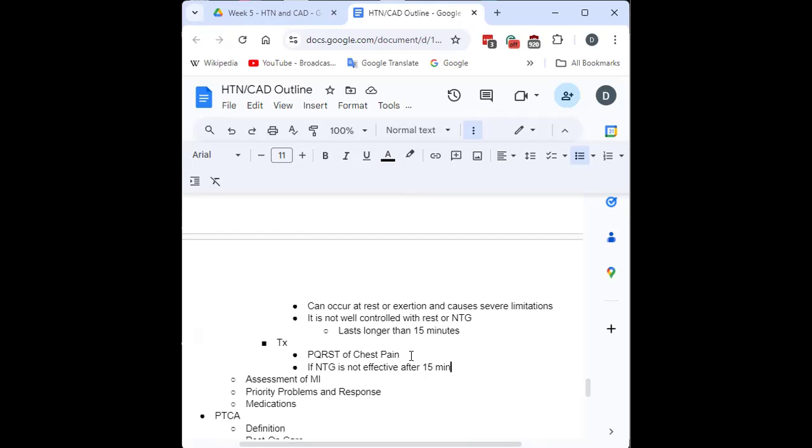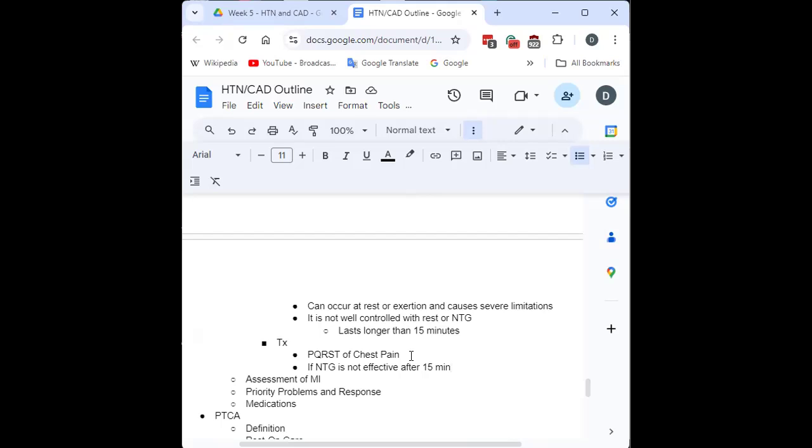Let's say your patient was doing some activity and they say, oh, I got some chest pain. Okay, let me sit down really quick and take my nitro. And they take their first dose of nitro. If 5 minutes pass and it doesn't work, after your first dose doesn't work, you need to call the ambulance.